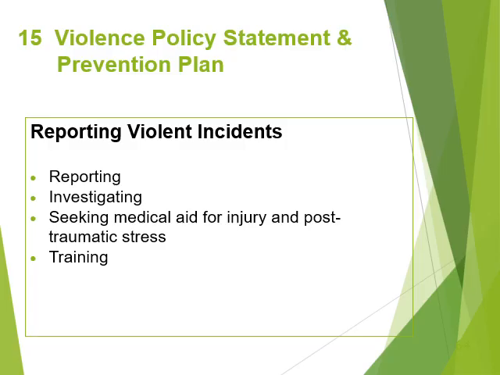Investigating violent incidents. All violent incidents will be investigated by the safety manager in conjunction with the Occupational Health and Safety Committee, the OHC, the occupational health and safety representative, or workers where there is no OHC or representative. The OHC representative or workers will make recommendations or corrective actions to prevent similar incidents from reoccurring.